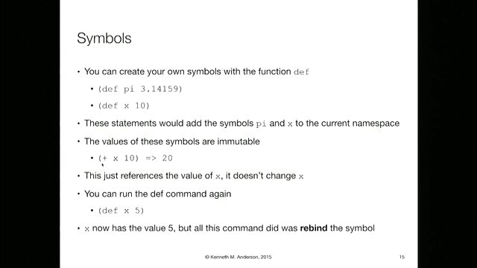And here, if you do a function where I take x, which was defined as being 10, and add 10, I get back 20, but that's just a value that was returned. X itself would still be 10. It doesn't change x in any way. So you can run this def command again. It's just rebinding the x.